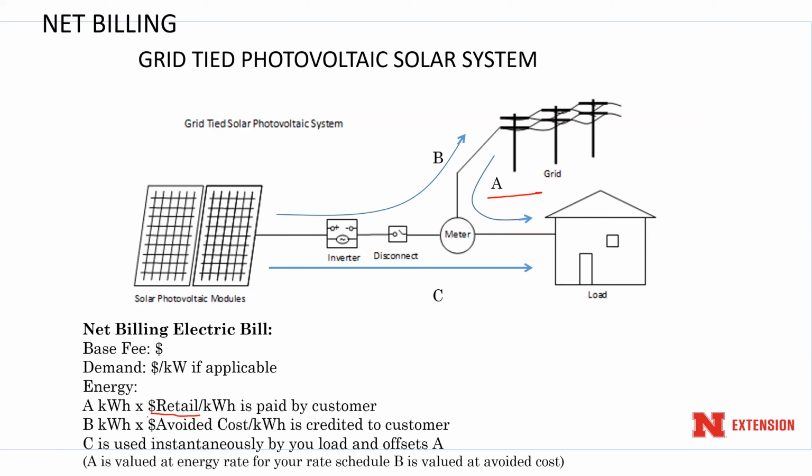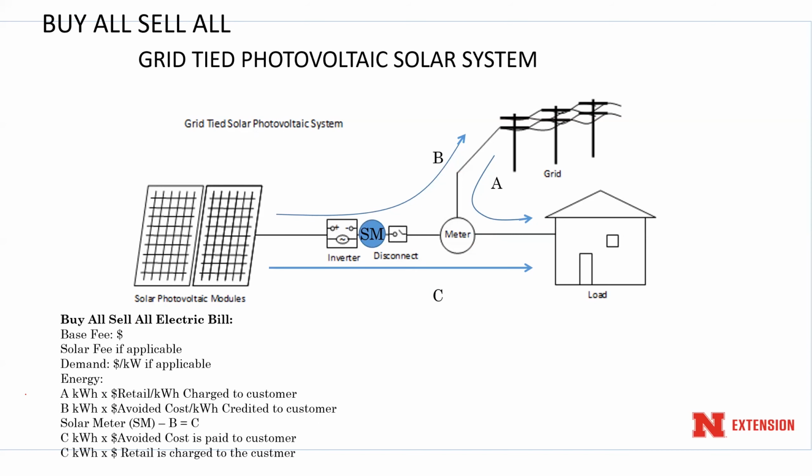So I take A times my retail cost. I'm just going to pay for it all. And then I'm going to take all of B and get a credit for that at avoided cost, which is usually less than retail, remember? And so that is essentially net billing. I buy all of A, I sell all of B, excess generation, but C still gets used instantaneously and avoids A, right? And so C has retail rate because I avoided buying A. And that is net billing.